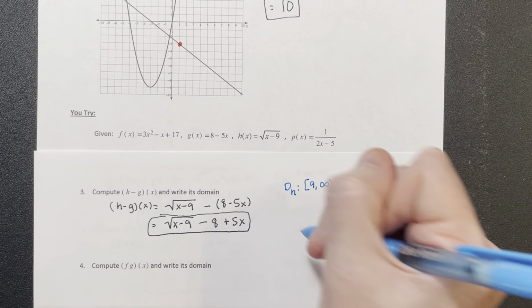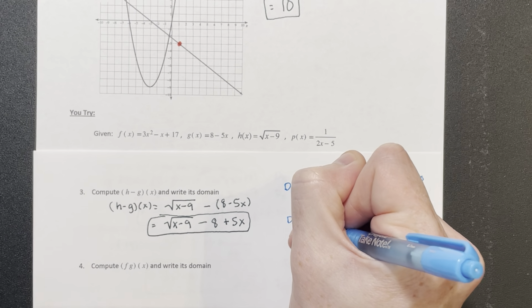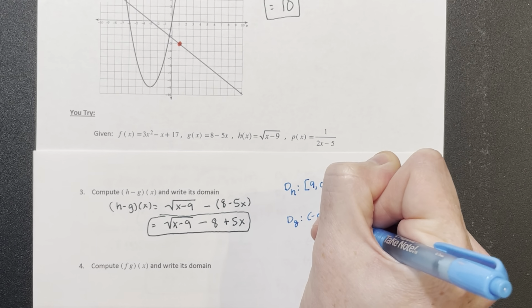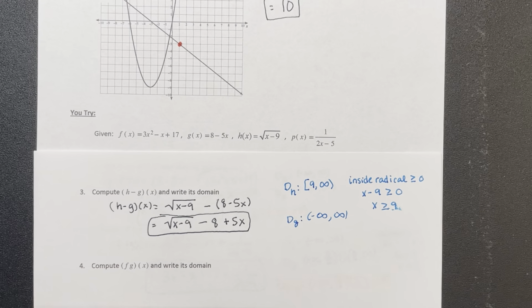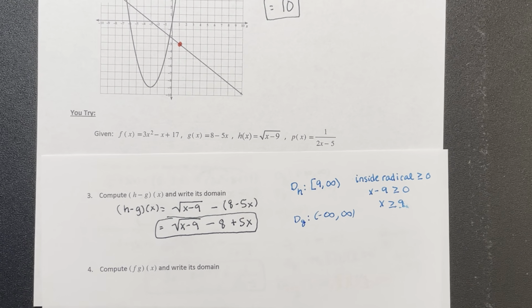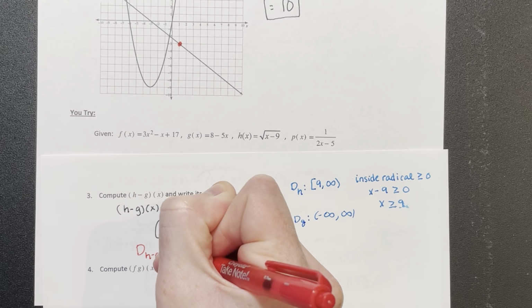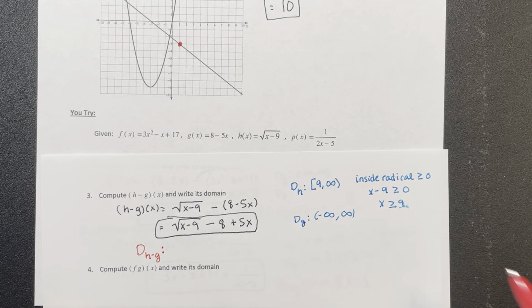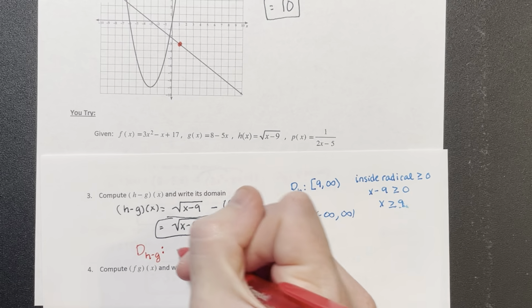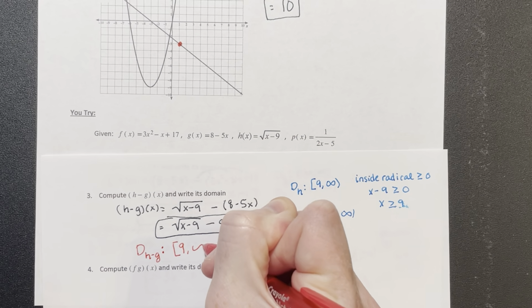There's our domain. The domain of g was all real numbers because it's a linear function. It has no restrictions. And if we combine those two, the domain of h minus g would end up being just 9 to infinity.